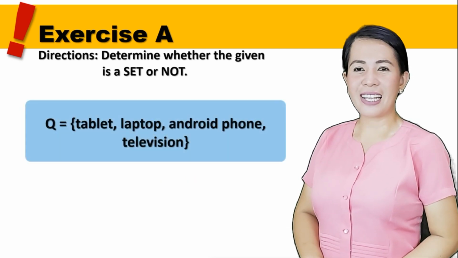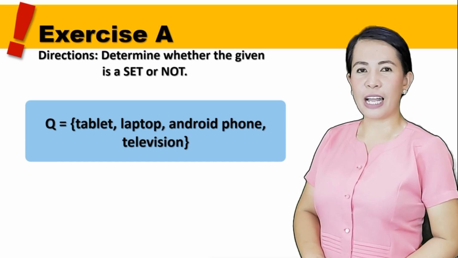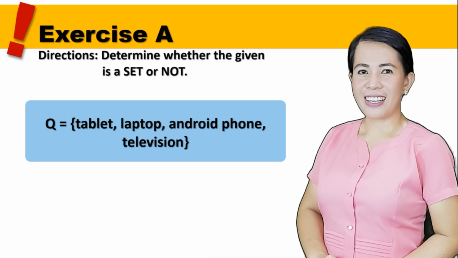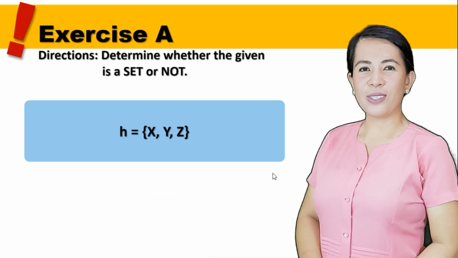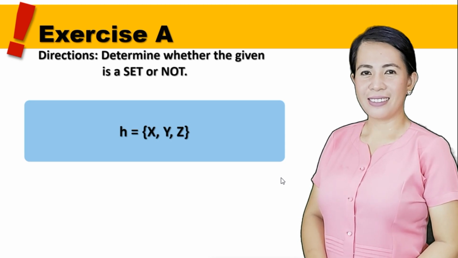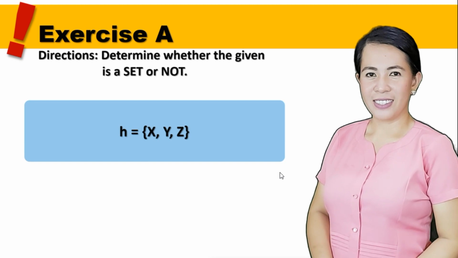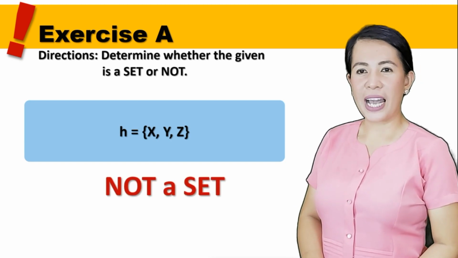Queue that contains tablet, laptop, Android phone, and television. Is it a set or not? Yes, it is a set. How about this given? Is it a set or not? No, it's not a set. Why?